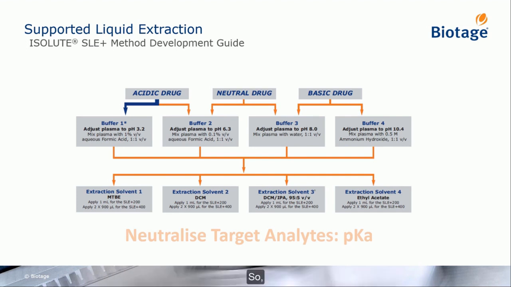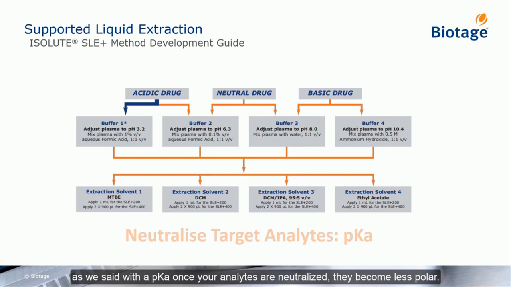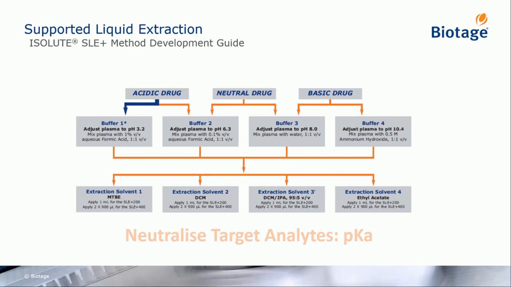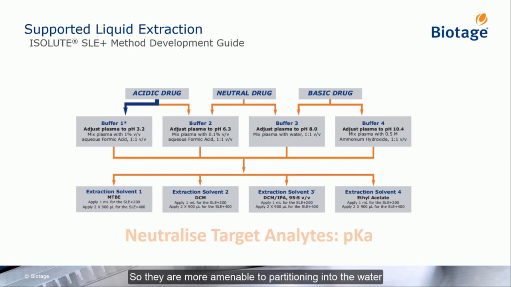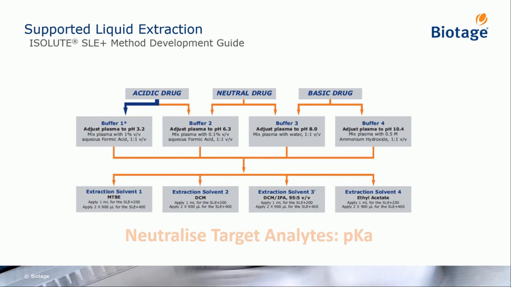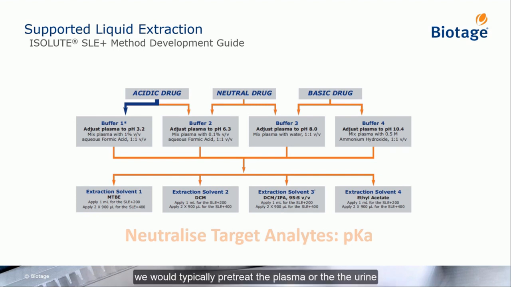So as we said with a pKa, once your analytes are neutralized, they become less polar, so they're more amenable to partition into the water immiscible organic solvents that you'll use in this type of approach. So acidic drugs, we would typically pH the plasma or the urine with some acid to take the pH down. And neutral drugs can actually work at physiological pHs.